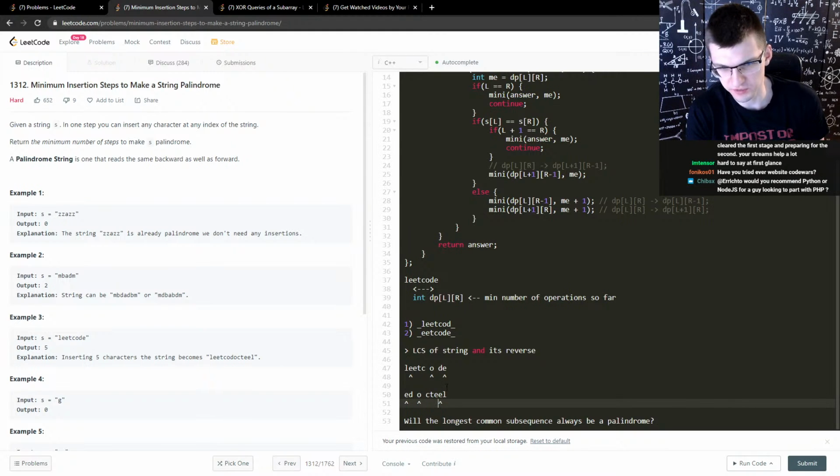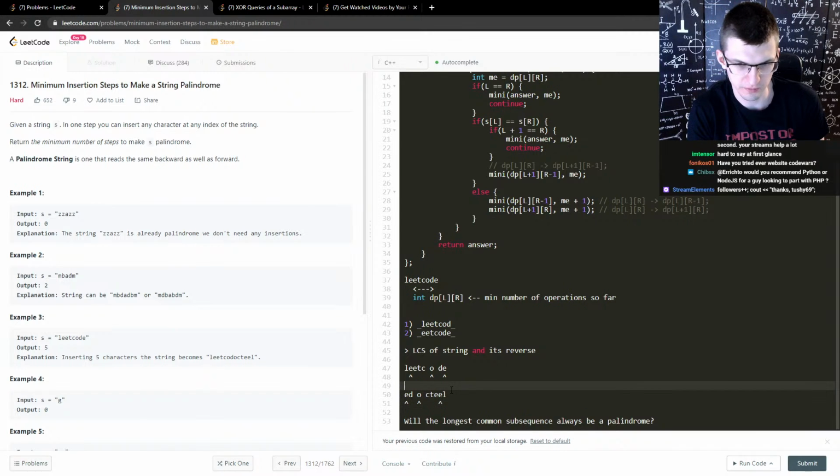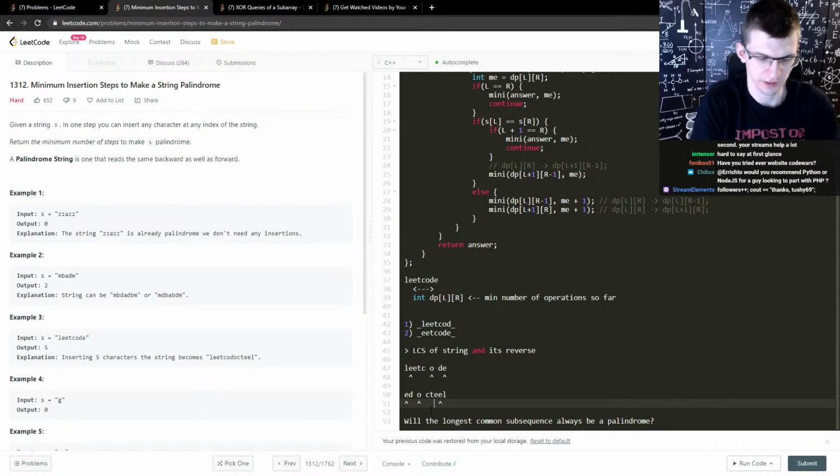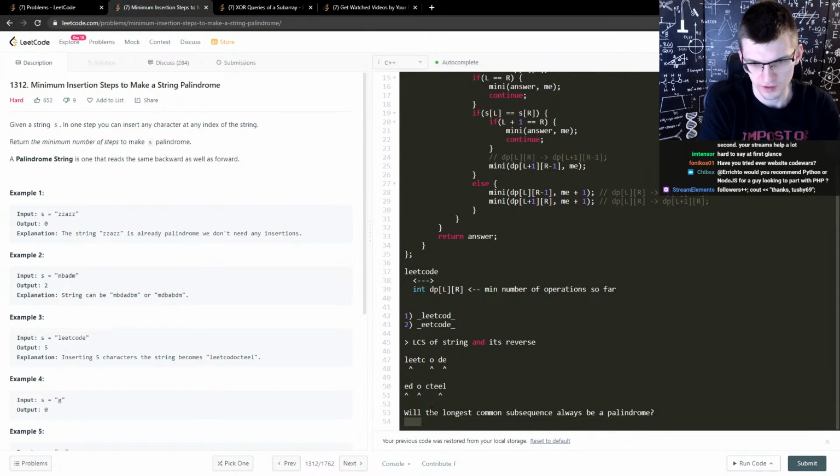Why can't there be some subsequence of this that is also a subsequence of that and it's not a palindrome? That's the only issue. I will write down my issue. Well, it's actually equivalent to this previous line. Why can't there be a long subsequence that is not a palindrome?